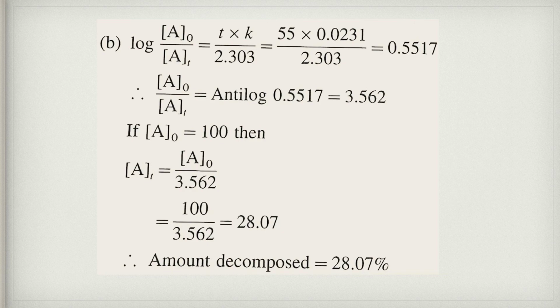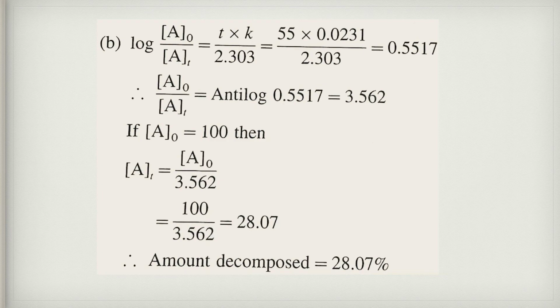Okay, so as I told you, when log is on one side, if I take it to the opposite side, it will become anti-log. So anti-log of 0.5517 will be equal to 3.562. Okay, so once I get this equation, I'll assume that if A naught is equal to 100, then AT will be equal to what?